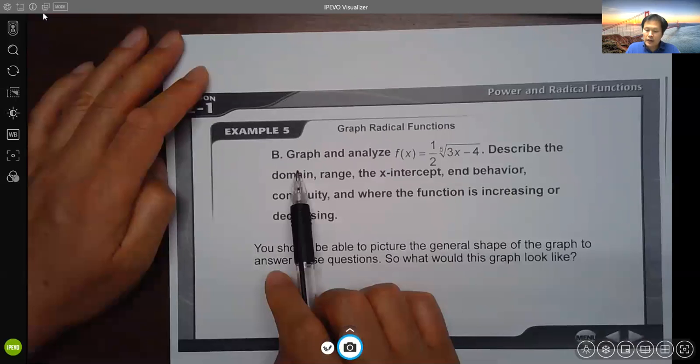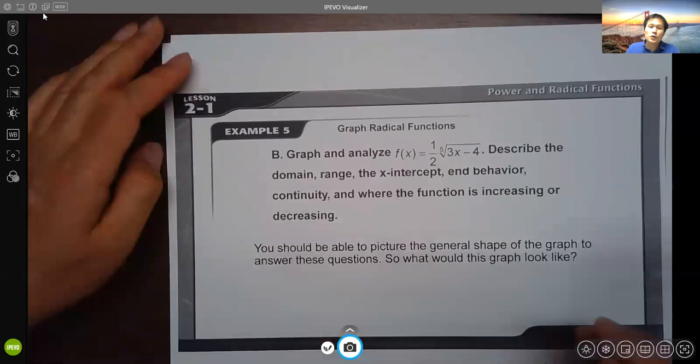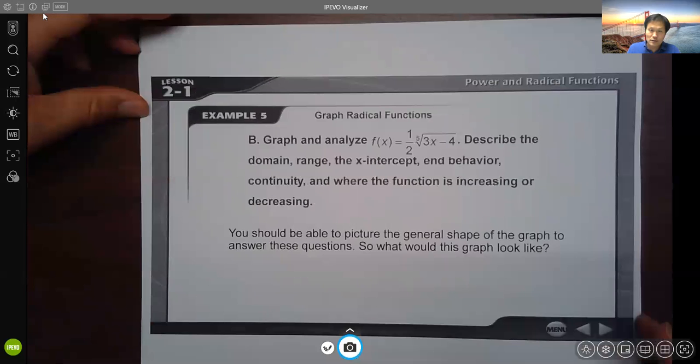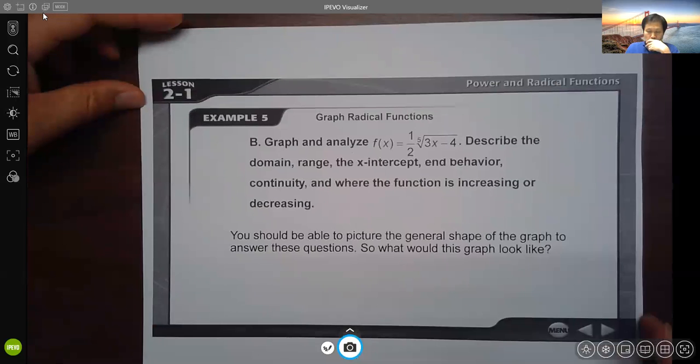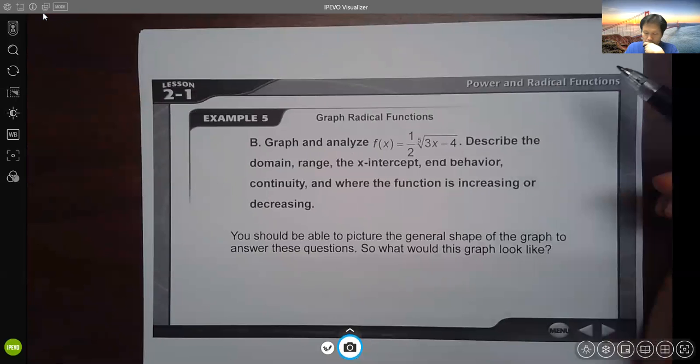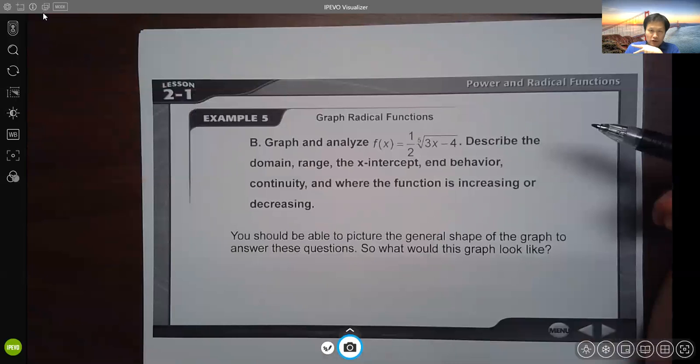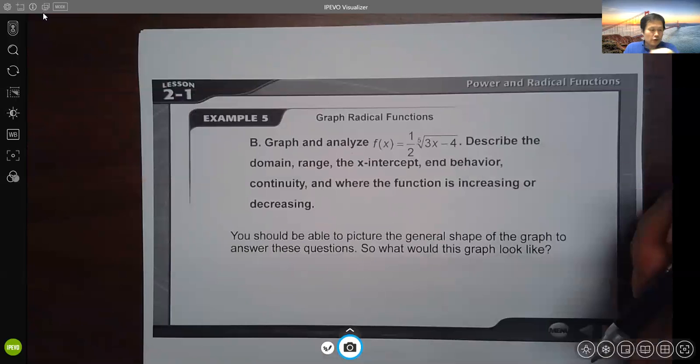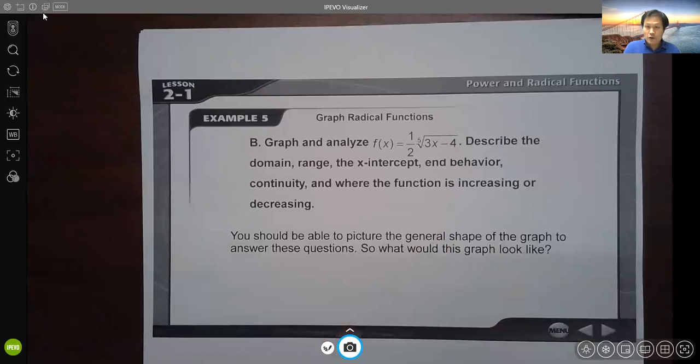Graph and analyze this. Okay, this one has more to it. If you have a graphing calculator available, you can put that into the graphing calculator and do it. It's very possible for me to say no graphing calculator and do that without a graphing calculator.